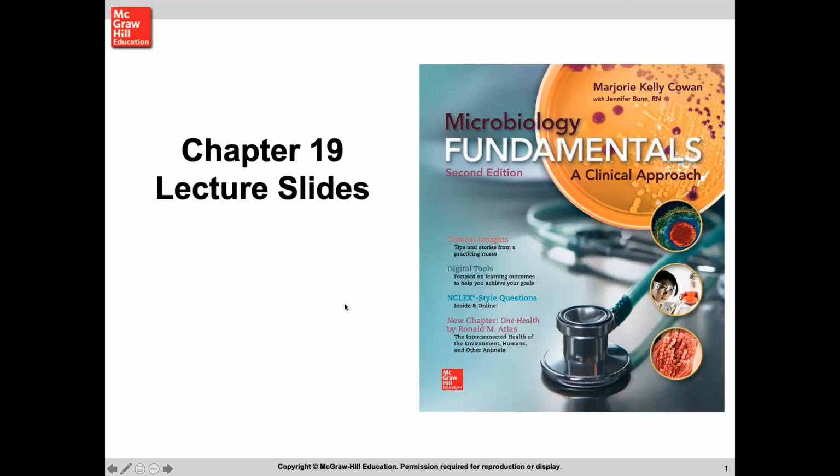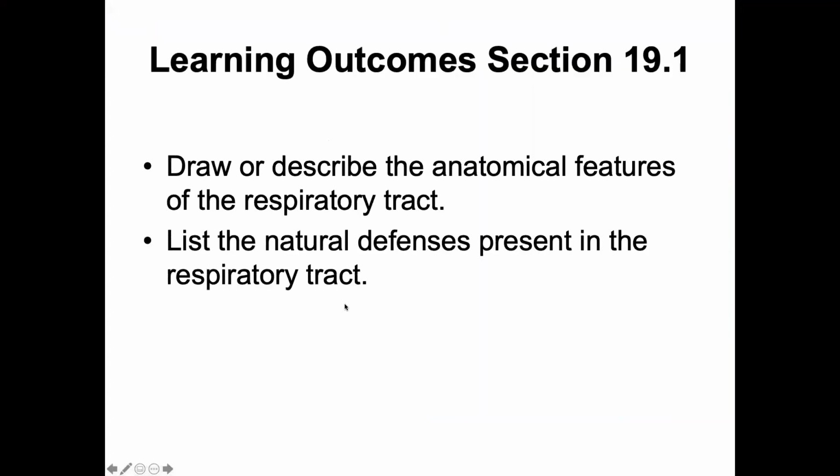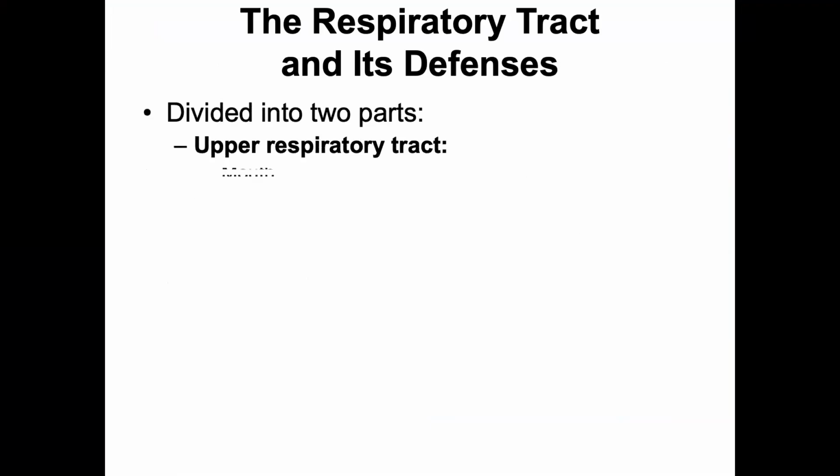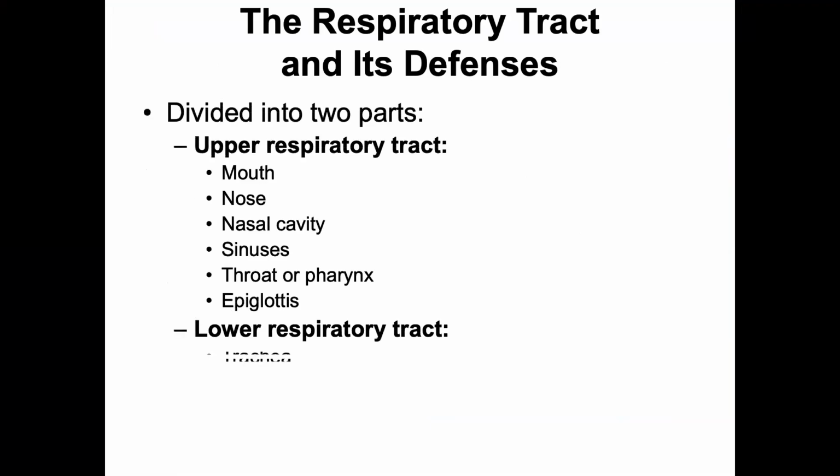Okay, so this is going to deal with diseases of the respiratory tract. And we have to remember that this is one of the body systems open to the outside world at the nose and the mouth. So it's a definite port of entry. So it shouldn't surprise you that there are a lot of infectious diseases that hit this system. The respiratory tract has two parts, right?